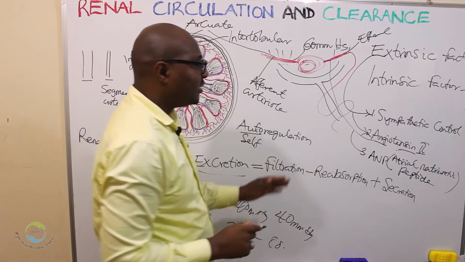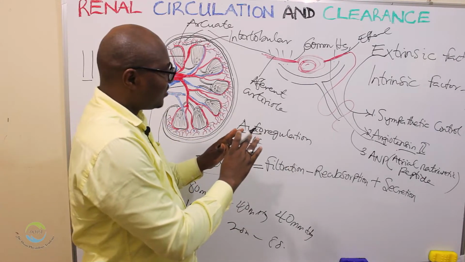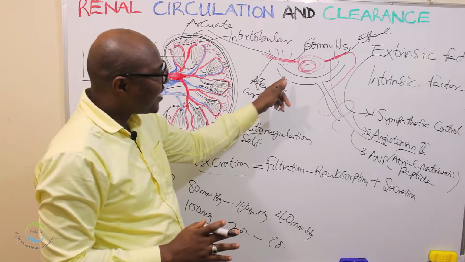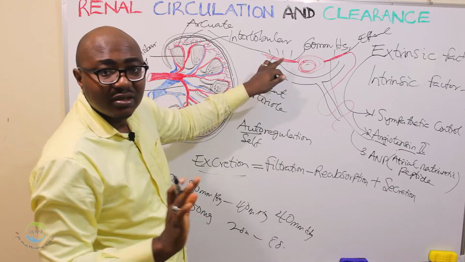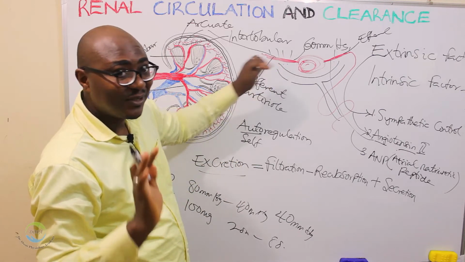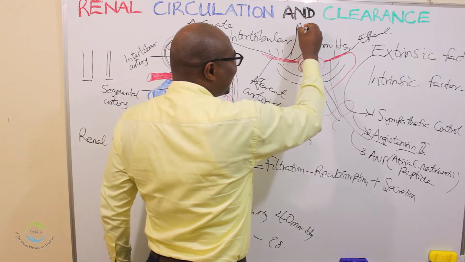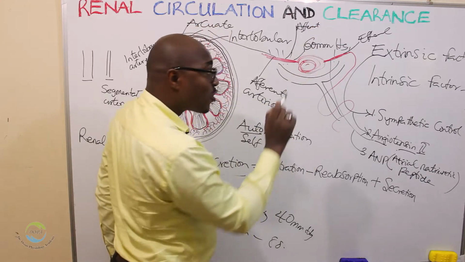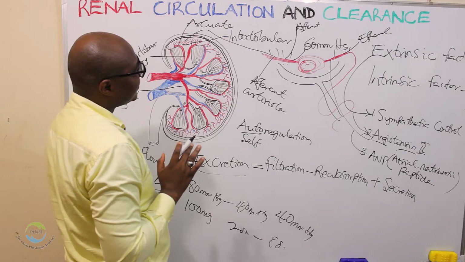This atrial natriuretic peptide, it does what? It dilates. So it's in favor of renal blood flow. But it does not dilate both of them. It dilates this afferent and constricts the efferent.